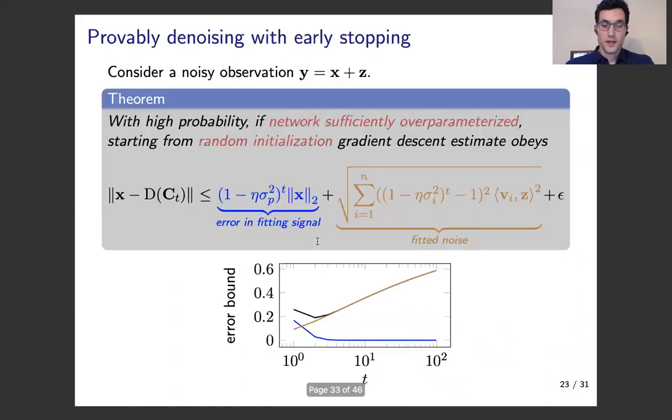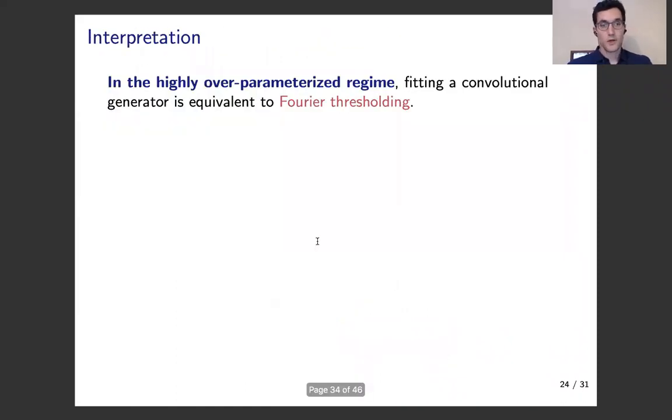All right, so let's talk a little bit more about that. The theorem essentially tells us that in the highly over-parameterized regime, fitting a convolutional generator is equivalent to Fourier thresholding. The theorem holds in the case where the network is very wide. If the network is very wide, then it can be well approximated with a linear model.